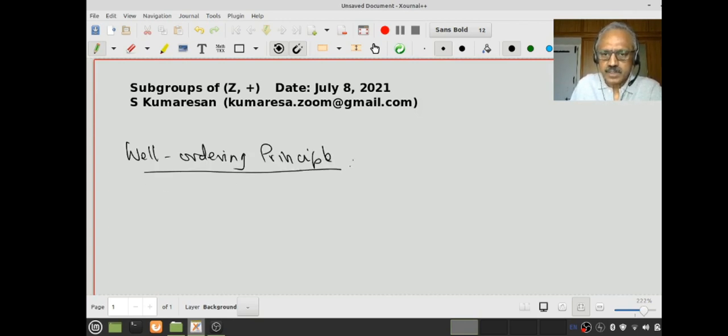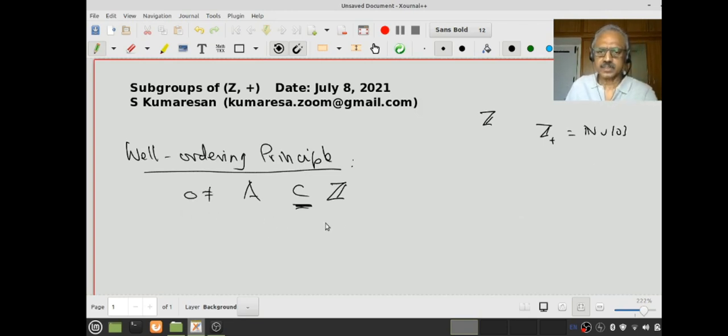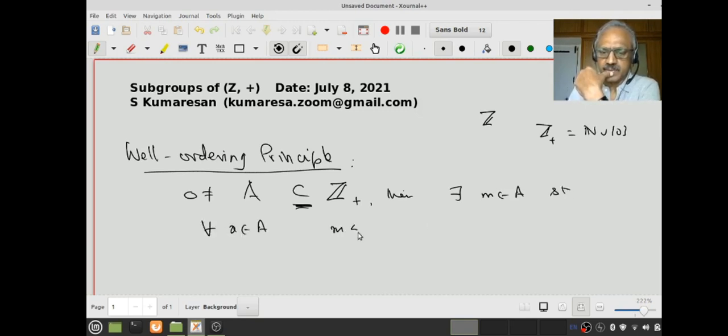What does it say? Suppose A is a non-empty subset of Z plus. For me, Z is the set of integers, and Z plus is all natural numbers union 0, that is, all non-negative integers. Suppose this is a non-empty subset of Z plus, then there exists an M in A so that for all x in A, M is less than or equal to x.